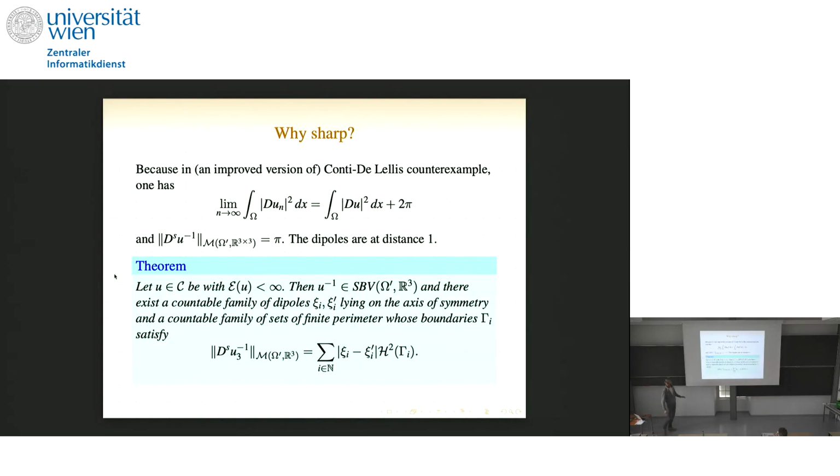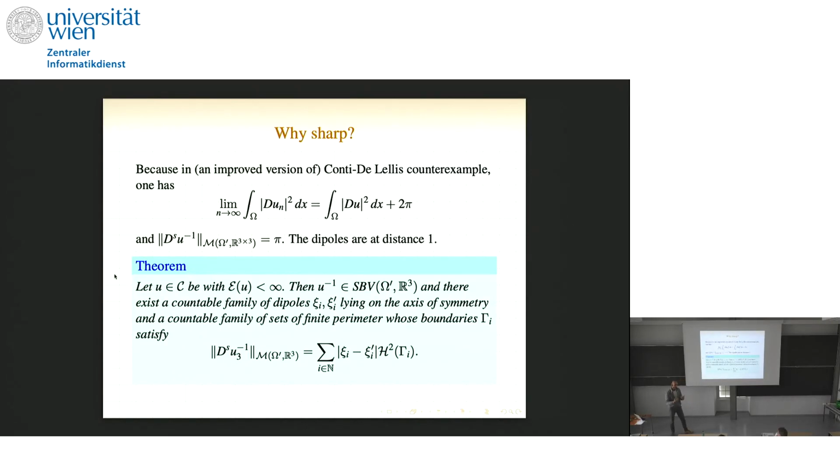Why is it important to have this kind of description? Because also, assuming, I hope, that we will be in a position to prove that our energy is the relaxed one for the neo-Hookean, when you have a minimizer for the new energy, you have to go back.